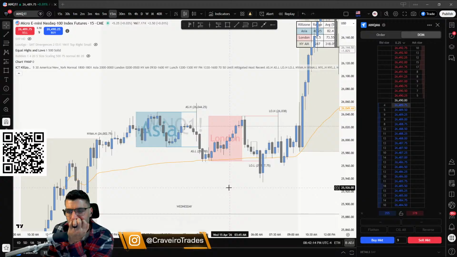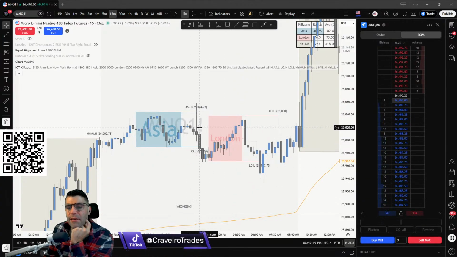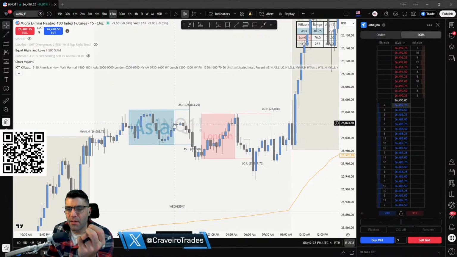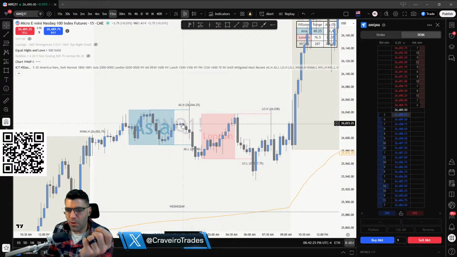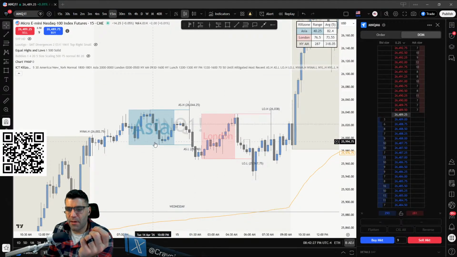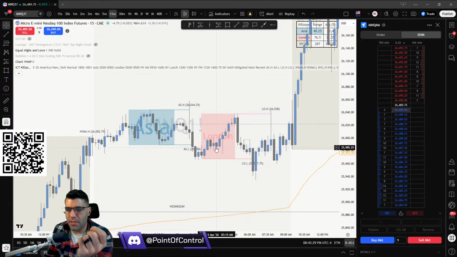Okay. So right here, this dotted line is representing the price at midnight. So the start of a new day. Now, what do? Swept Asia lows. Price gets manipulated.